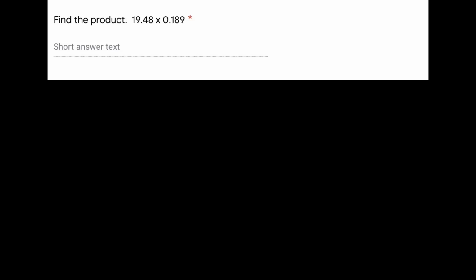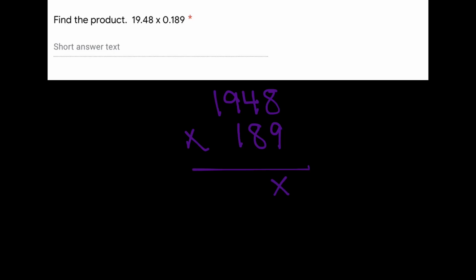Here we are multiplying 1948 times 189. You are first going to take your 1948 times your 9, and you are going to get this many digits.